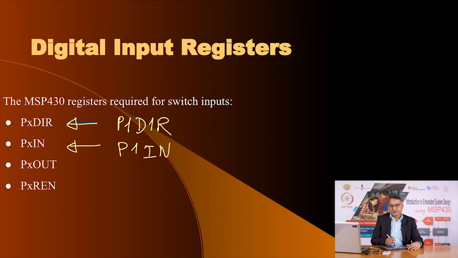If we want to engage internal pull up or pull down resistors, then we have to enable that using the P1 REN register, and whether we want a pull up or pull down is decided by writing an appropriate value of 0 or 1 in the appropriate bit of the P1 OUT register.